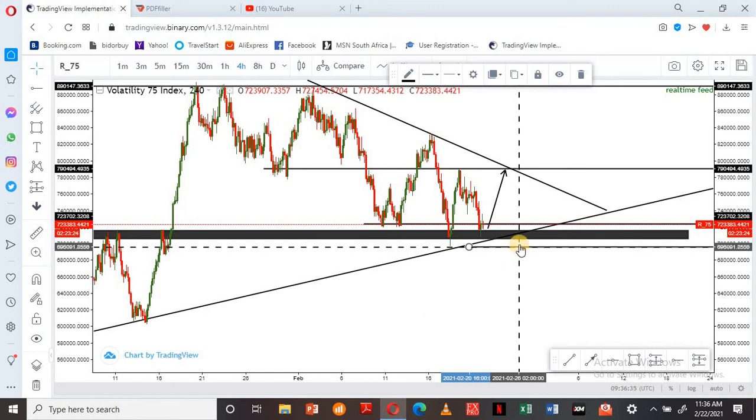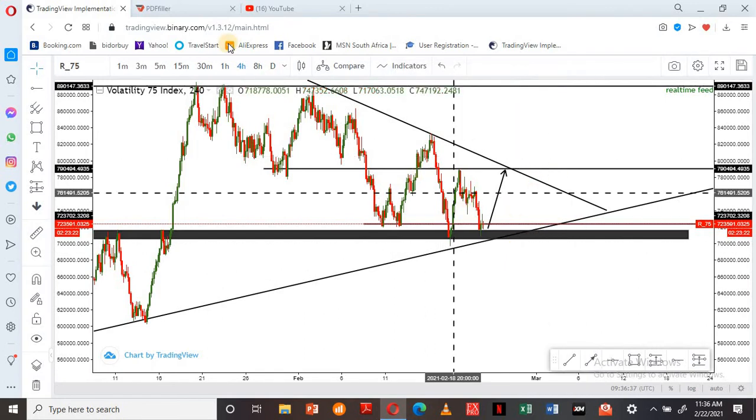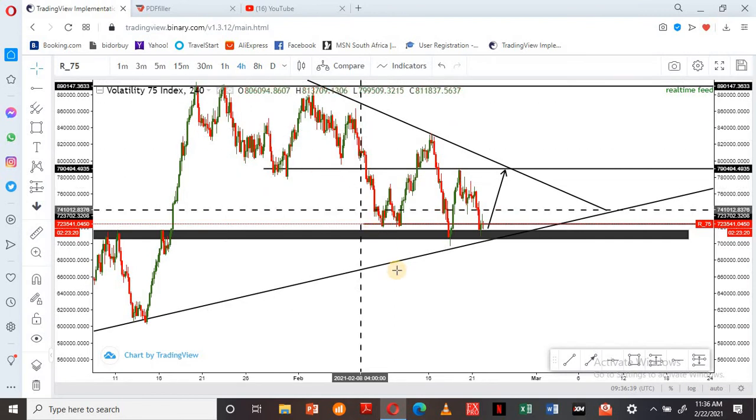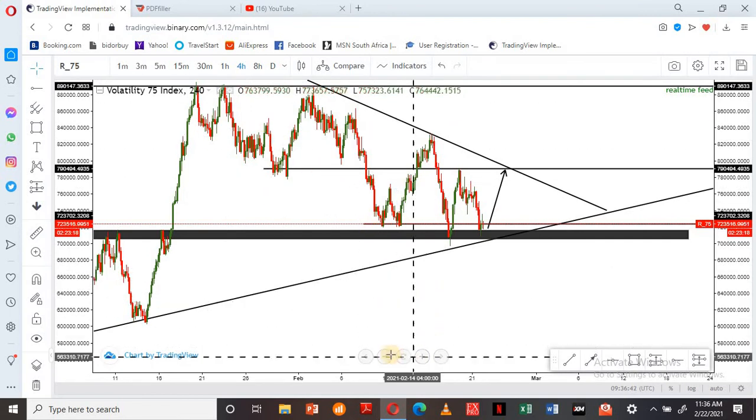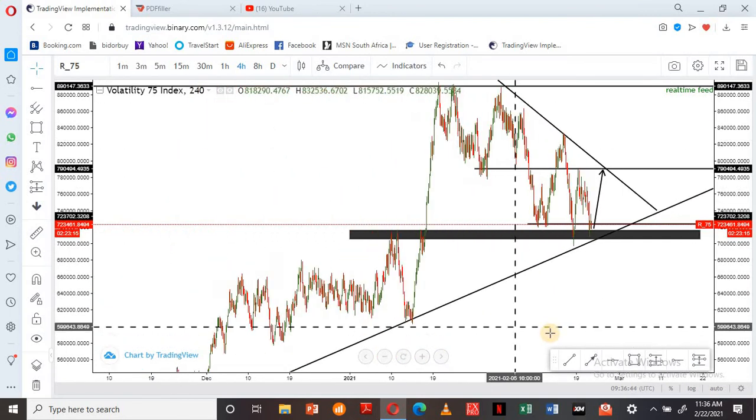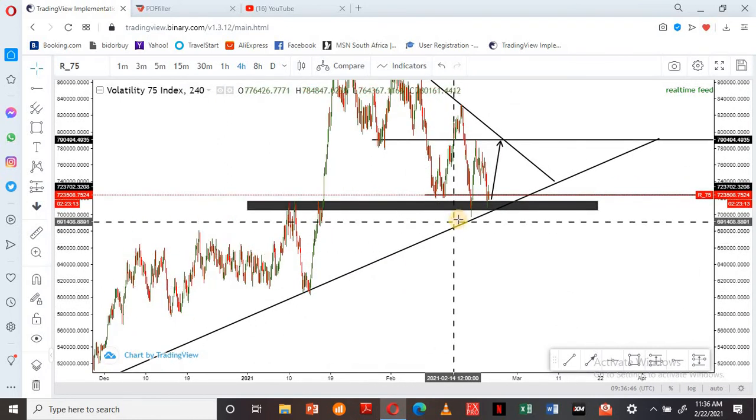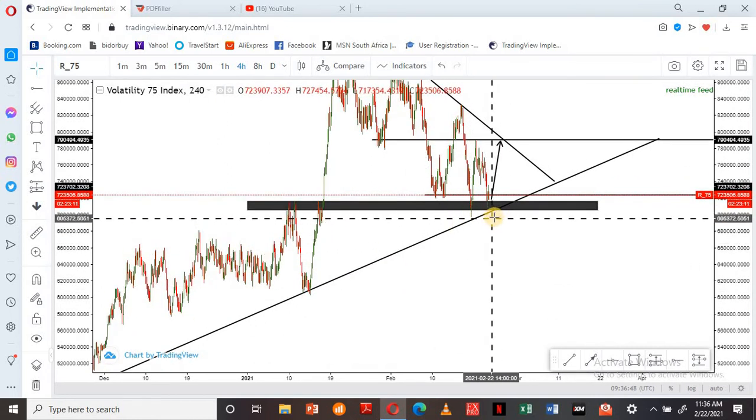I hope now it makes sense, because here is usually where, when you dive deeper, you're looking for entries. You can usually place sell stops down here.